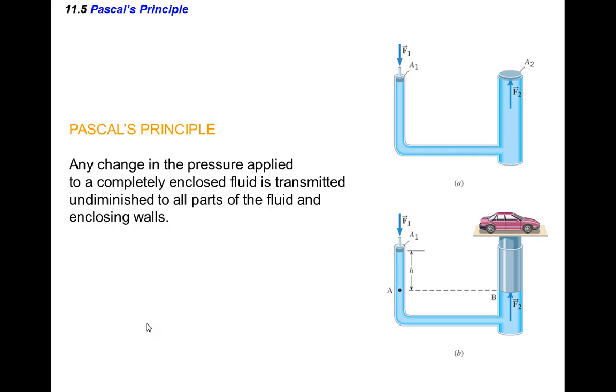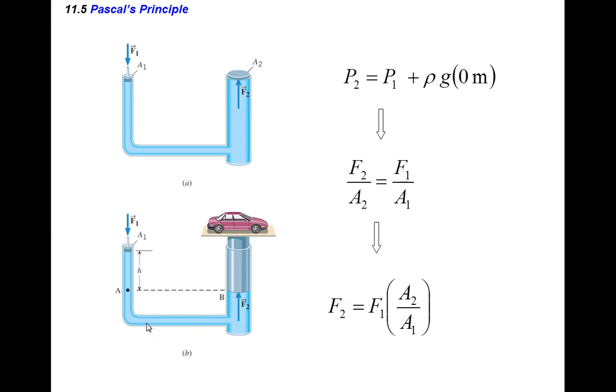It's not built quite like this, but cut us some slack here. There's a narrow piston and a thicker piston. The narrow piston has a small area, and the thicker piston has a larger area. What we're able to do is manipulate what we know, pressure equals force over area, to come up with this idea here that F1 over A1 equals F2 over A2.